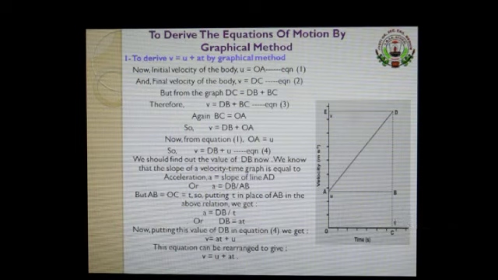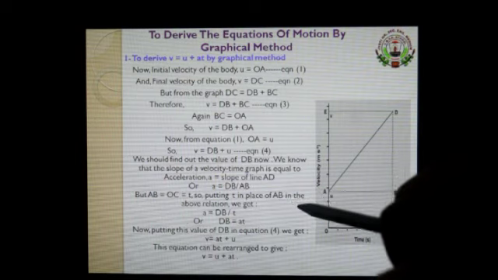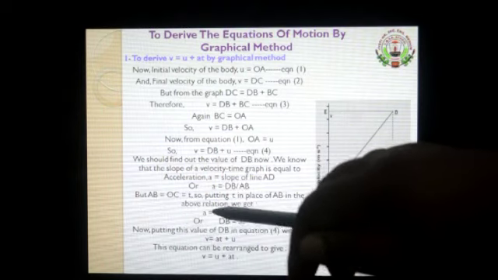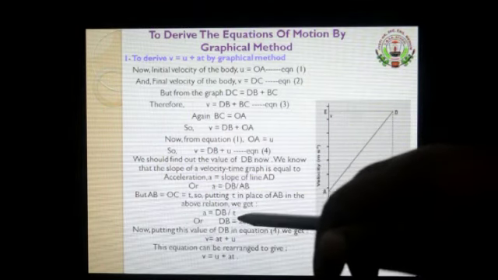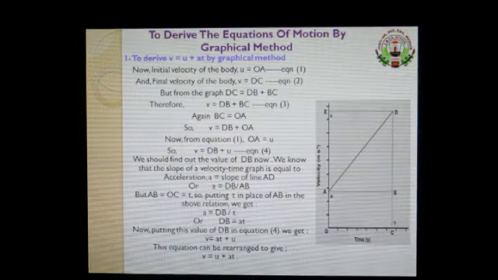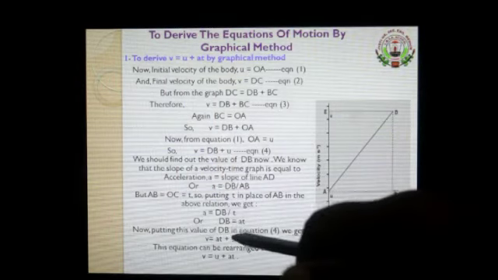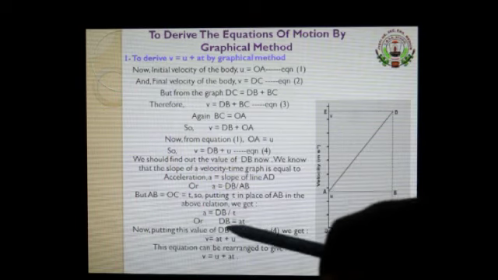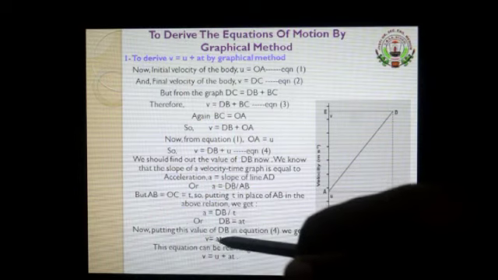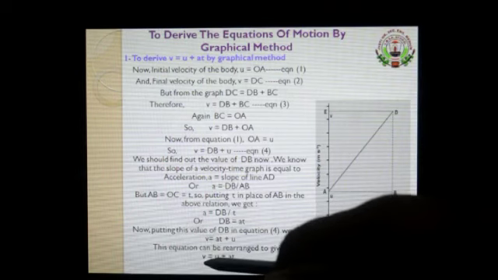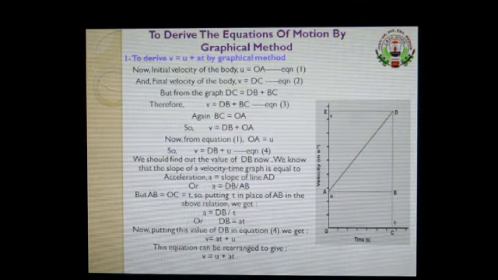So putting t in place of AB, we get a is equal to DB upon t, or by cross multiplication DB is equal to at. Now putting this value of DB in equation number 4, we will get v is equal to at plus u, or by rearranging, v is equal to u plus at. That is our first equation of motion.